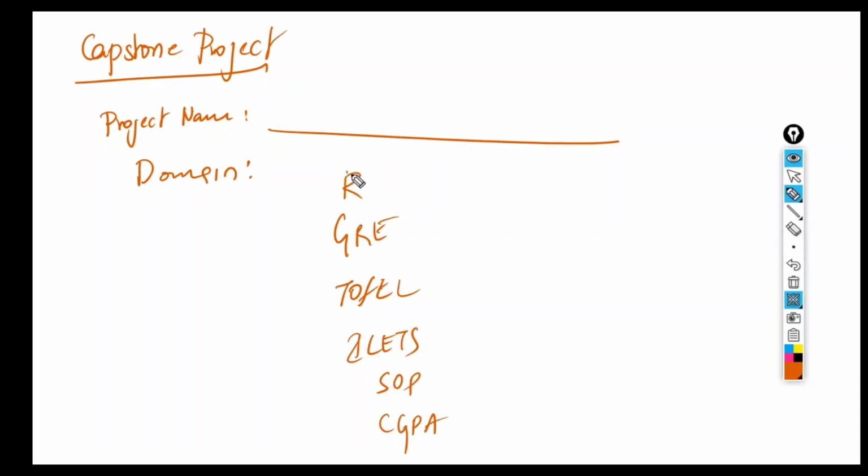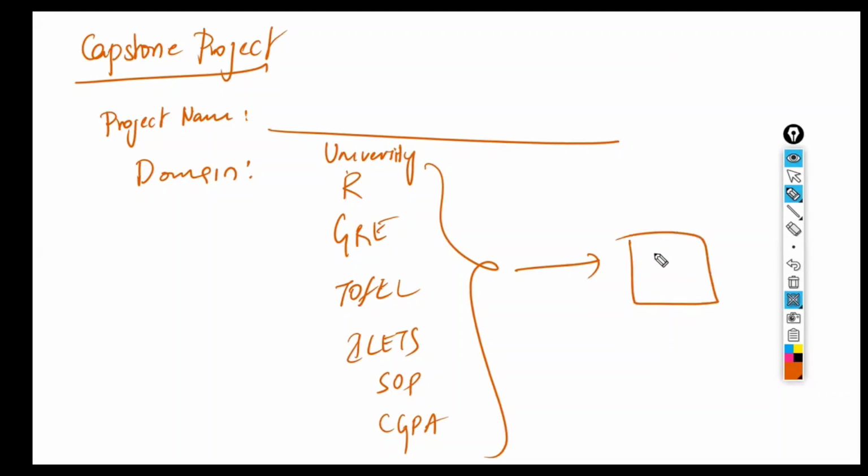Whatever the university you have studied earlier, completed your graduation, based on all these parameters, it is going to be dependent whether you will get an admission in that particular university or not. Let's assume there is one university in US. Whether you are going to get an admission or not is going to depend on all these parameters. Right?